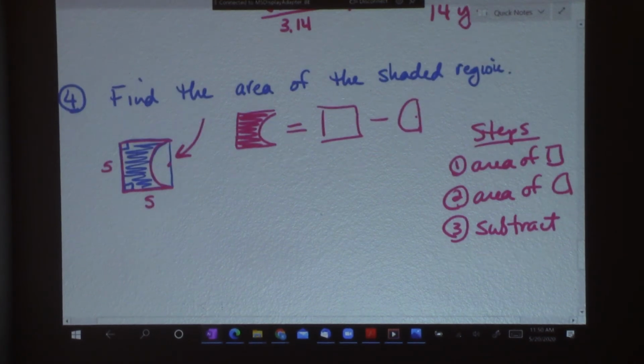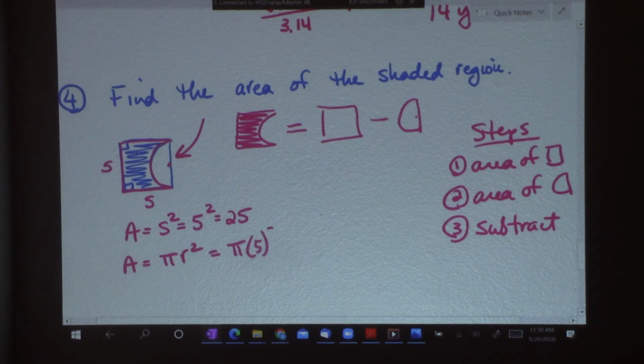Okay, so let's do the whole thing. This is a square, so the area is side squared, which is 5 squared, which is 25. Now I need to find the area of my circle, so I'm going to do pi r squared. Oh, hang on, I'm going really fast here.